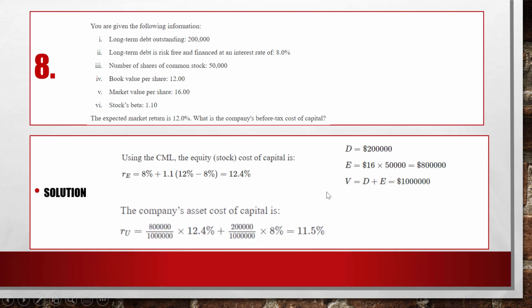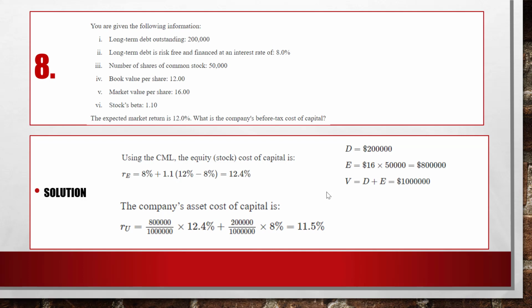Now we have to find the company's before-tax cost of capital. Here taxes are not involved, right? So we use the unlevered return. We get cost of capital RU equal to E over V times RE plus D over V times RD, and E over V here is 800,000 over 1 million.